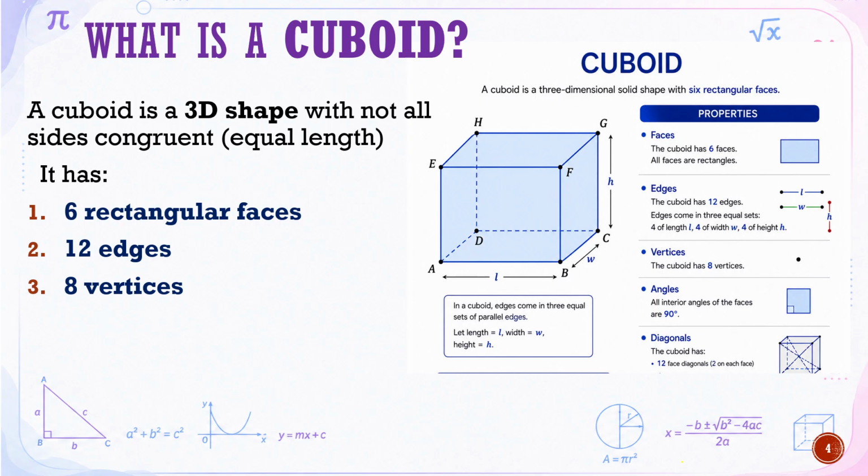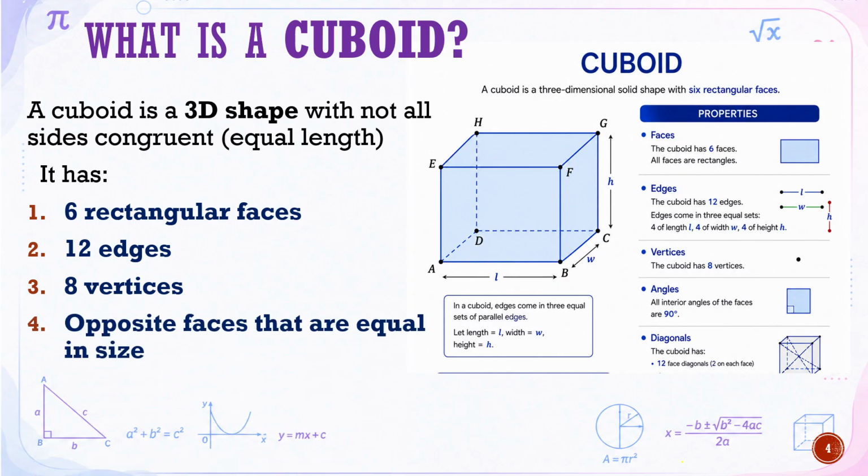So the key difference between a cube and a cuboid is that a cube has 6 square faces and a cuboid has 6 rectangular faces. That's what makes the difference, that all the sides or the edges are not of the same size. Opposite faces are going to be equal in size.